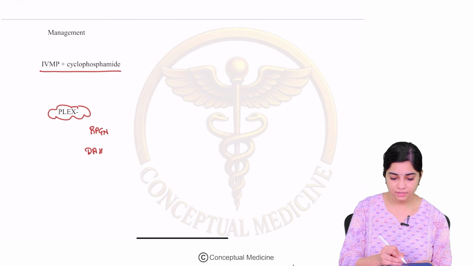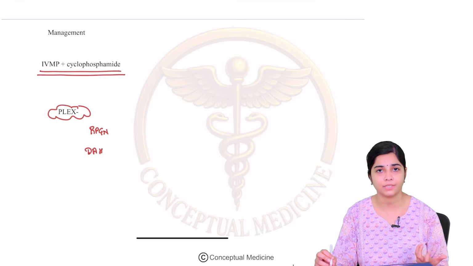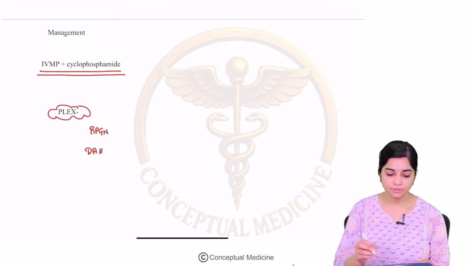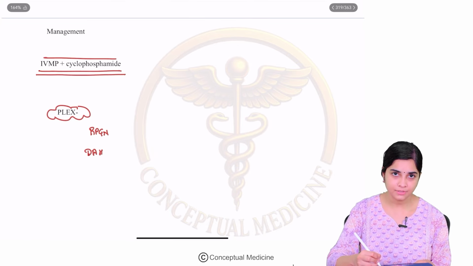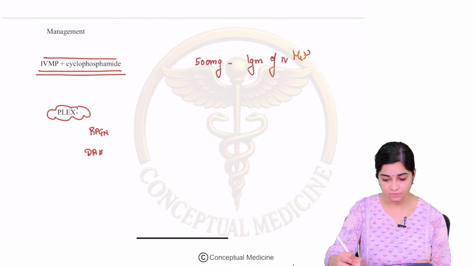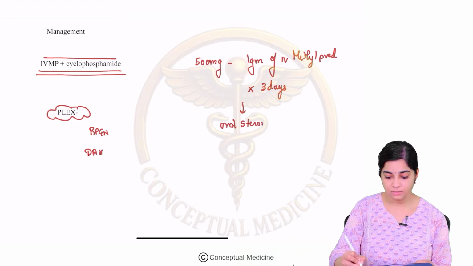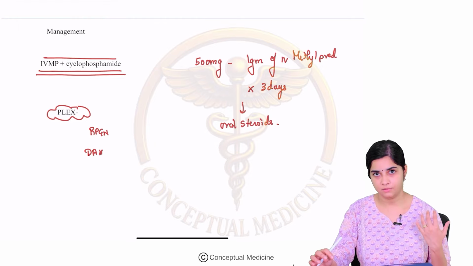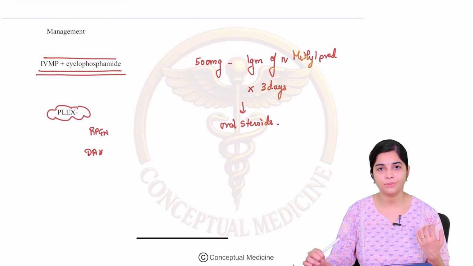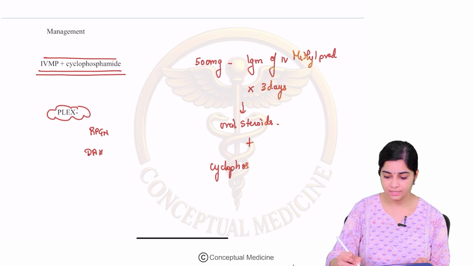So in patients where this is a more indolent kind of involvement, slowly progressive, with only involvement of ENT or tracheal stenosis and so on, then you can go ahead with a high dose IV methylprednisolone induction, which is about 500 mg to 1 gram of IV methylprednisolone, given for about 3 days, followed by conversion to oral steroids, which you continue for around 1 month to 2 months and try and taper down over 6 to 7 months, along with a cyclophosphamide based induction therapy.